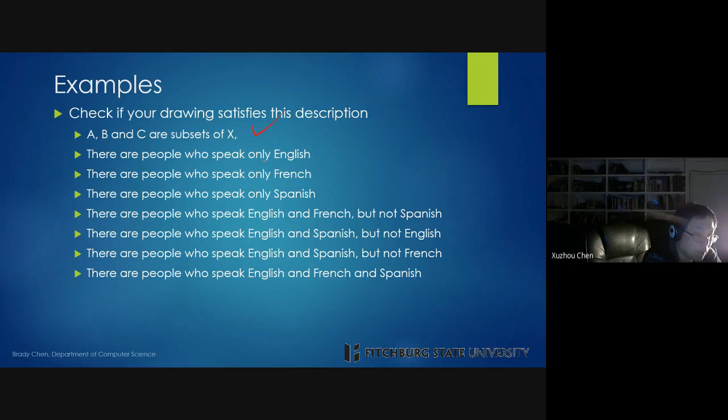There are people who speak only English. Yes. There are people who speak only French, only Spanish. There are people who speak English and French, but not Spanish. English and Spanish, but not French. Oh, I'm sorry, it should be French and Spanish, but not English.